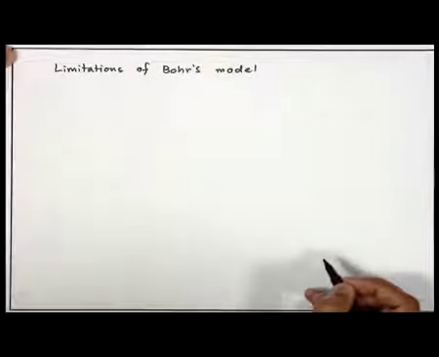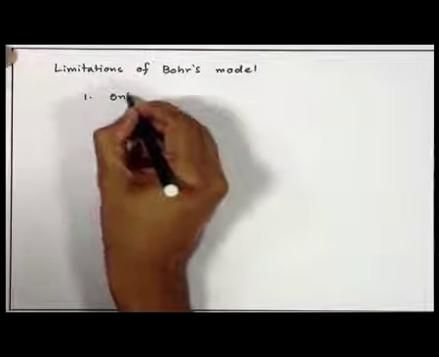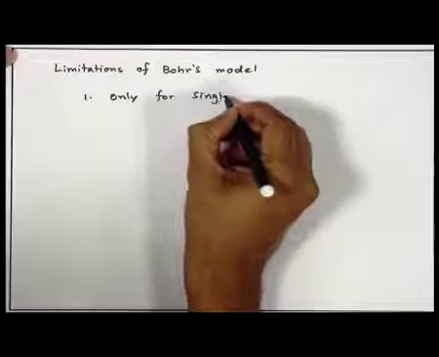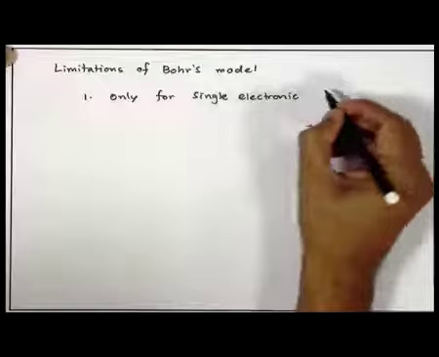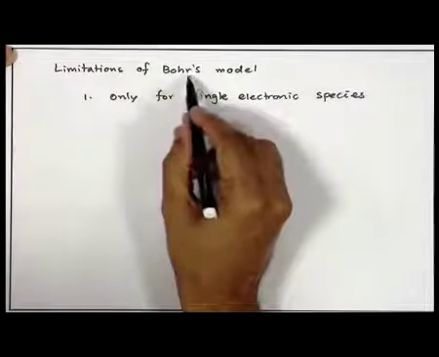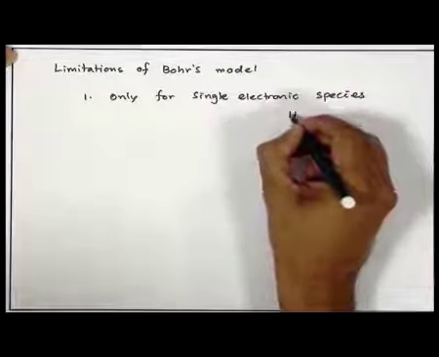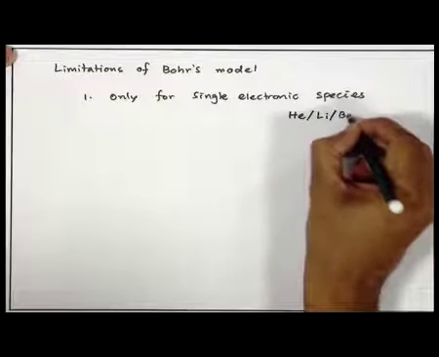One very important limitation is that this model is applicable only for single electronic species. You cannot use this Bohr's atomic model to describe the emission spectrum of helium atom or lithium atom or beryllium atom or any other atom.